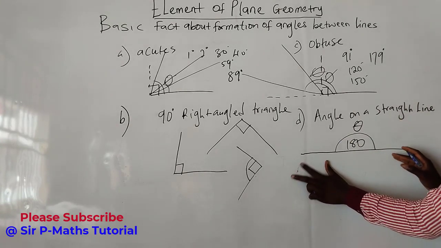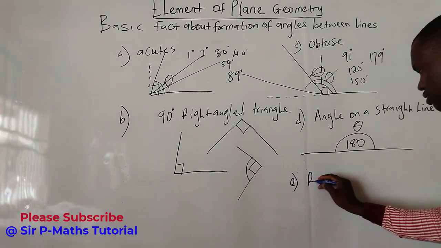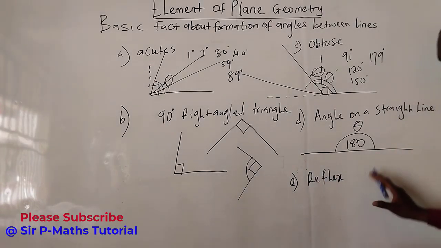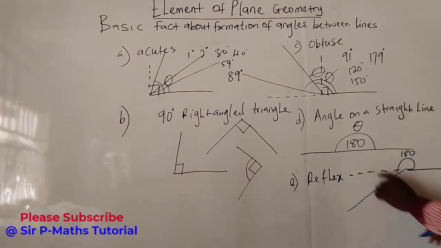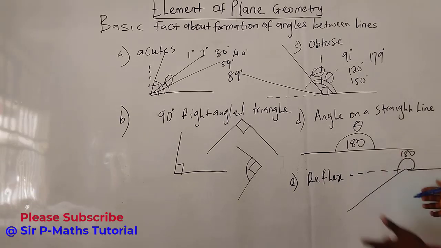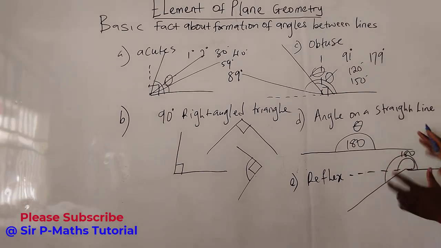Then the next angle we consider is what we call the reflex angle. Reflex angles are all angles that are greater than 180 degrees but less than 360 degrees. Now this is the line of 180 degrees and the angle formed here is 180 degrees. If this line bends beyond 180 degrees, we call it the reflex angle. Therefore, the angle formed is till this point, all right? This is reflex. It is bending towards the line of 360 degrees.